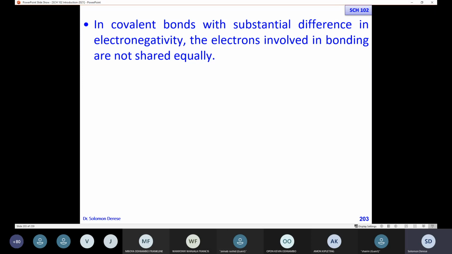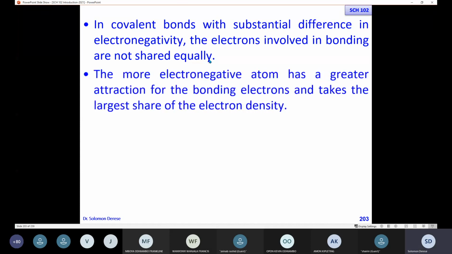So for a covalent bond between two elements to be significantly polarized, there must be a reasonably substantial difference in electronegativity. So in covalent bonds with substantial difference in electronegativity, the electrons involved in the bonding are not shared equally.